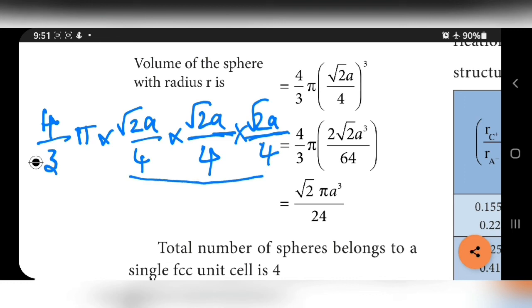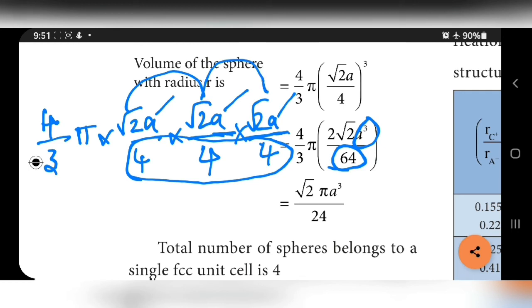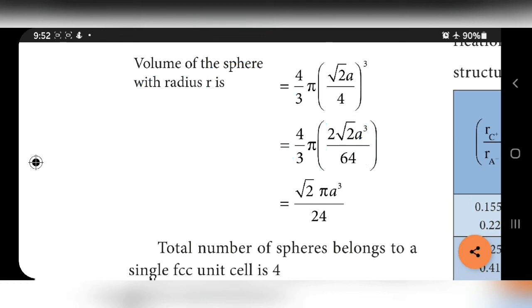If you multiply all these 4s, 4 into 4 is 16, 16 into 4 is 64. A into a into a, that is a cube. 2 into root 2, that is 2 root 2. So 4 by 3 pi, 2 root 2 a cube by 64.